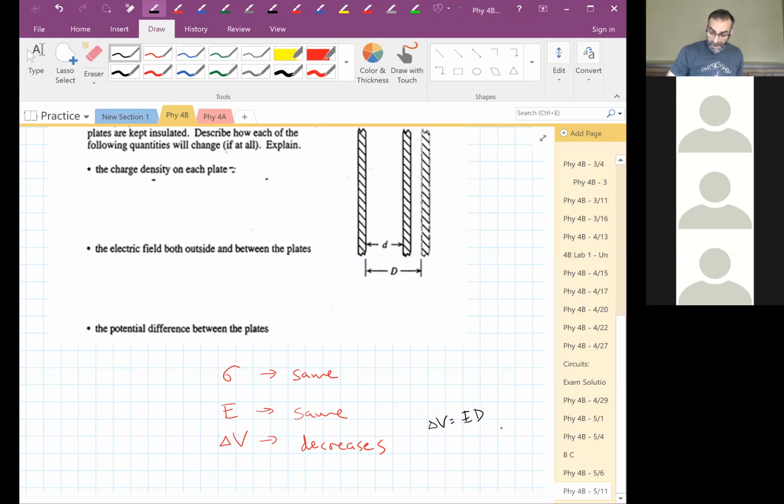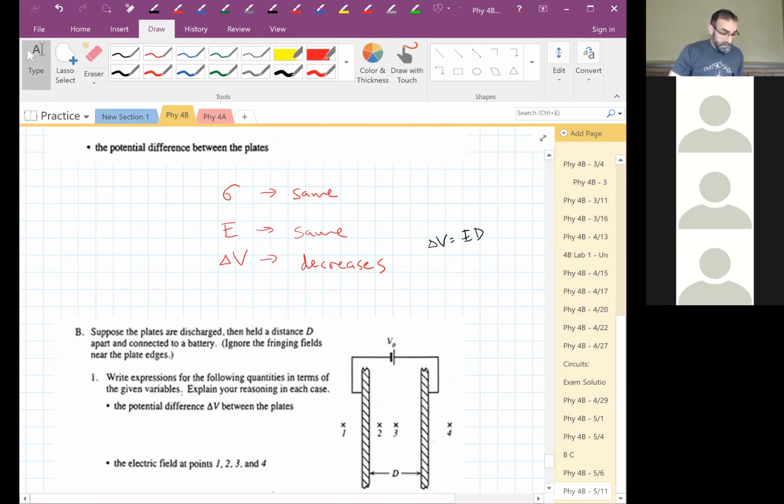Now, what are we going to do? You know me, I can't leave it at that. Now, we're going to leave our plates hooked up to the battery. Okay, so we've got these two plates. We've got a battery hooked up at separated charges, and we're going to leave them hooked up to that battery.